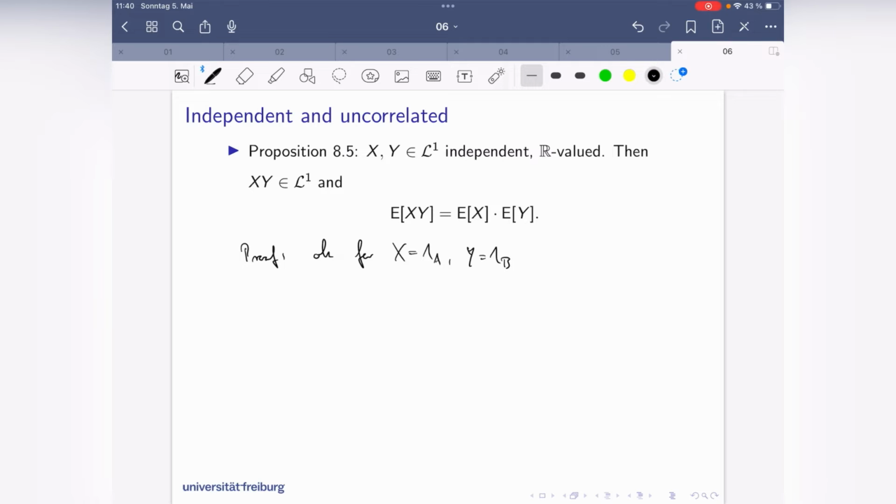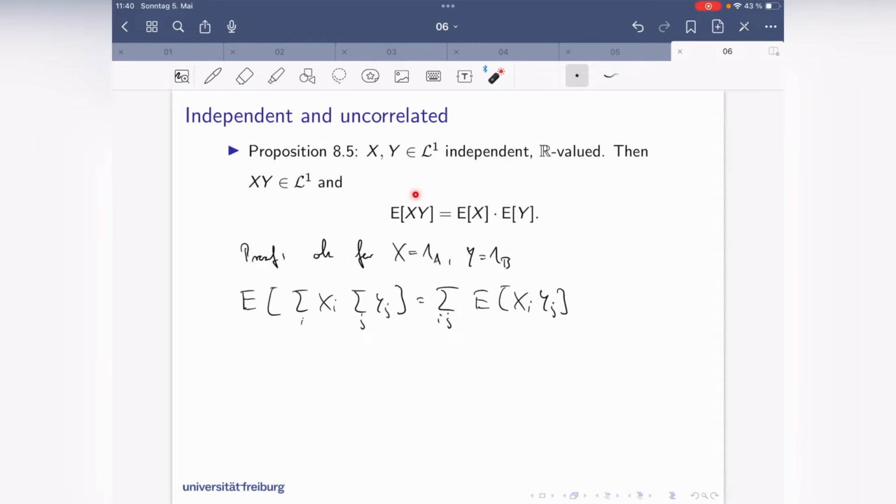Then in a second step you can show if this formula holds, for example, for the simple function, it also holds for sums, because the expectation of a sum over xi and a sum over yj is by linearity of the expectation, sum over ij, expectation of xi yj.